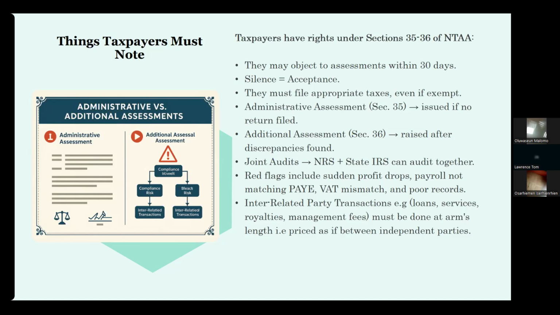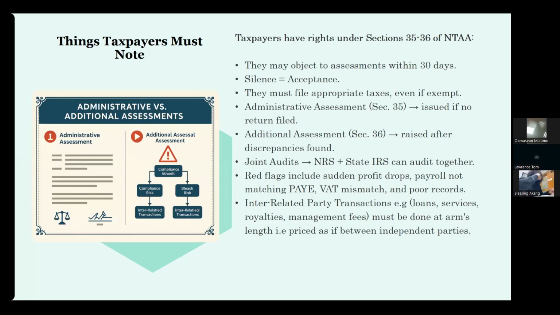Now, another provision that is made available with the new Nigerian Tax Act is joint audit. What I mean by that is, we have the Federal Inland Revenue and we have the State Inland Revenue Service. The State Inland Revenue could want to audit you, maybe for your PAYE, to know whether you've been remitting PAYE.